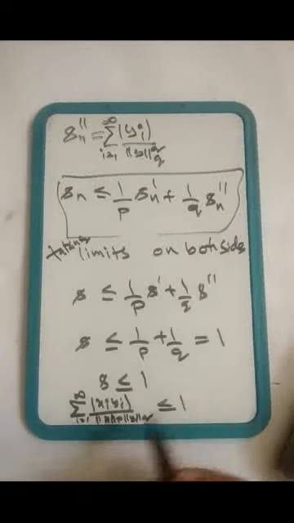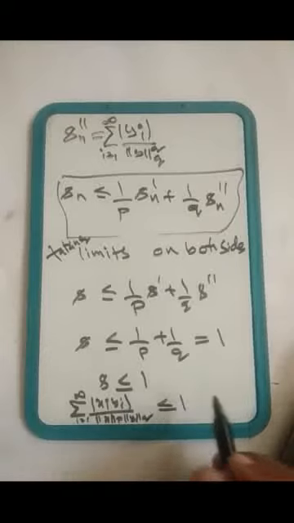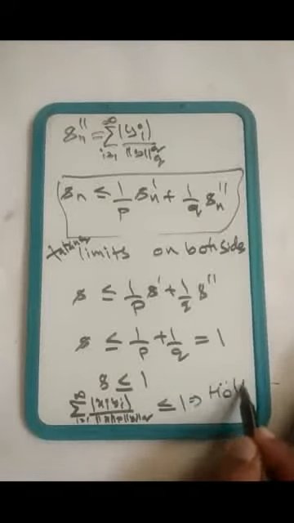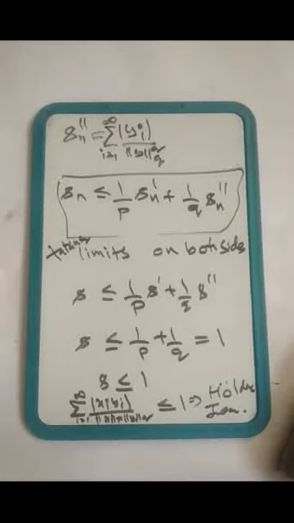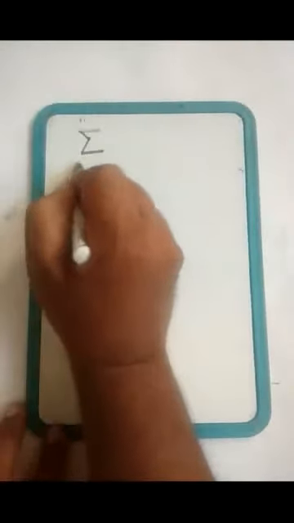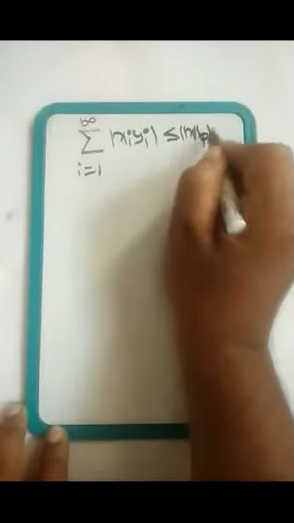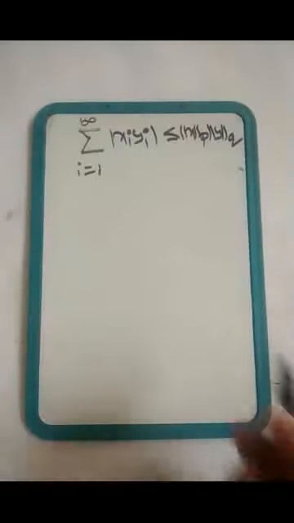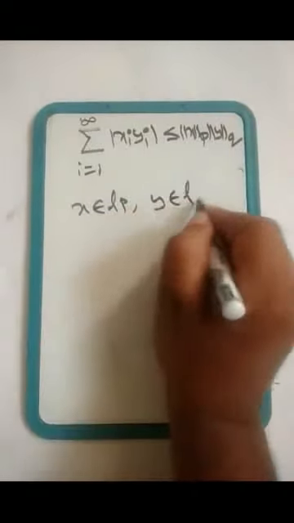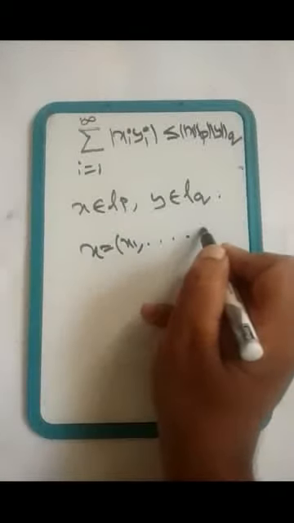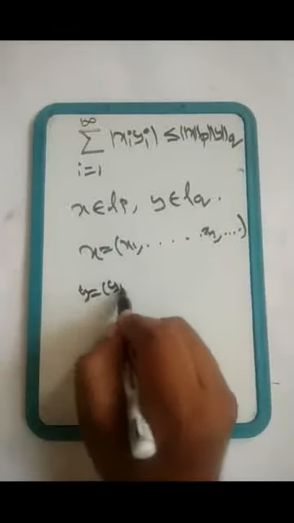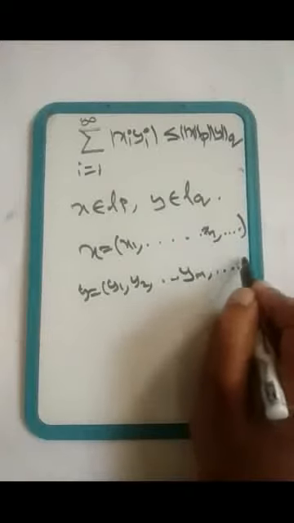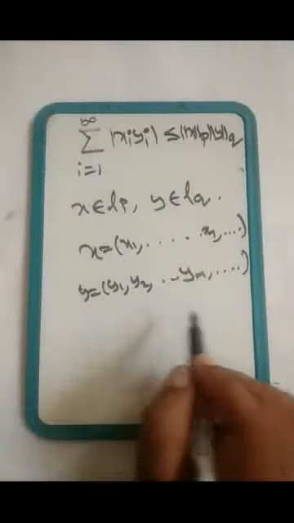So what we have is that this goes on the right hand side, and we have the required fact, that this implies the Hölder inequality. That finishes the proof.